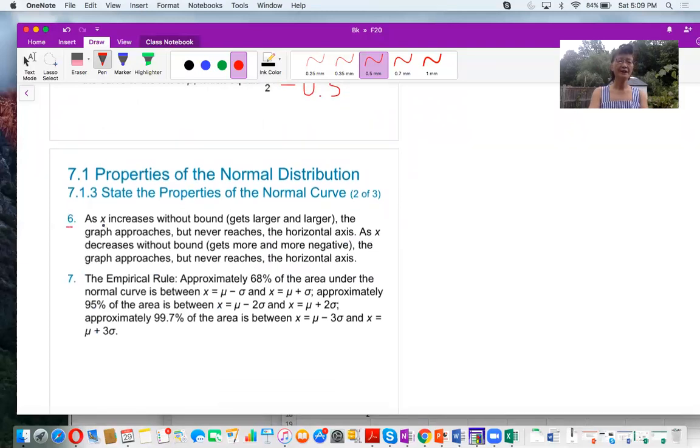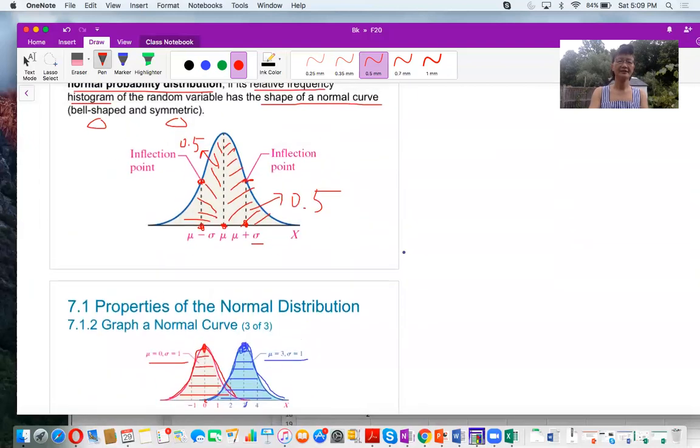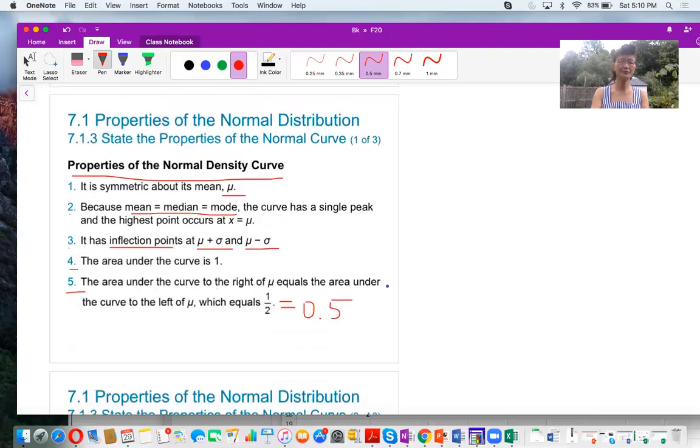Number 6, as x increases without bound, when x gets bigger and bigger, the graph approaches but never reaches the horizontal axis. It keeps going but never touches the x-axis.